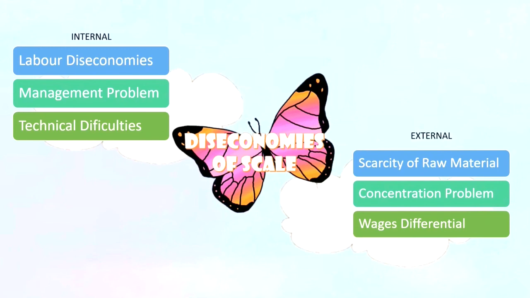There are some external factors that we have, such as scarcity of raw material. As we know, when a firm expands its production, they will face scarcity, such as raw material, mineral, cuprum, and more. Next, we have concentration problem, such as traffic jam, being charged by government, and more. It is because when a firm locates the business in the middle of a big city, we know that the place will be crowded.